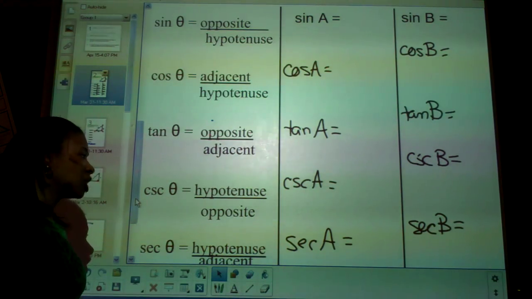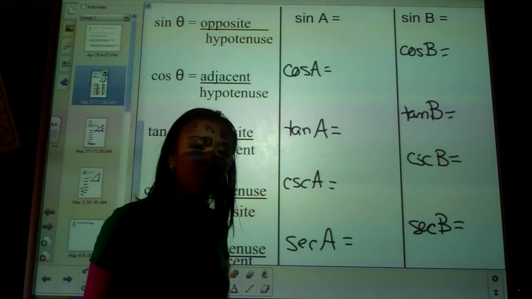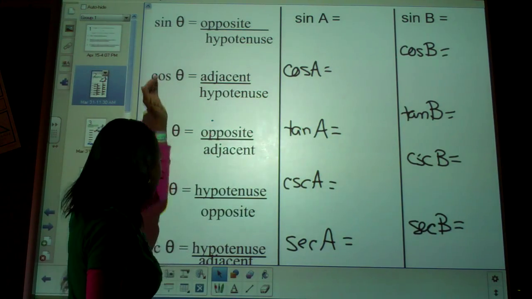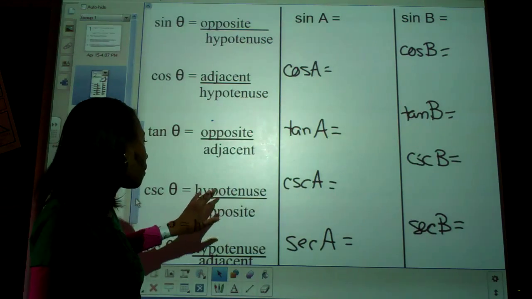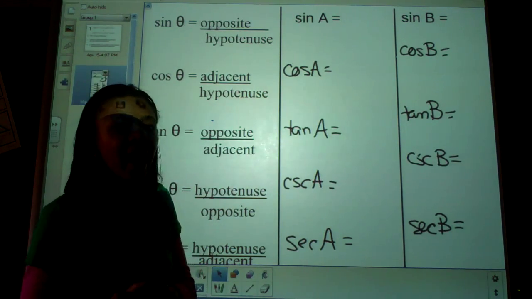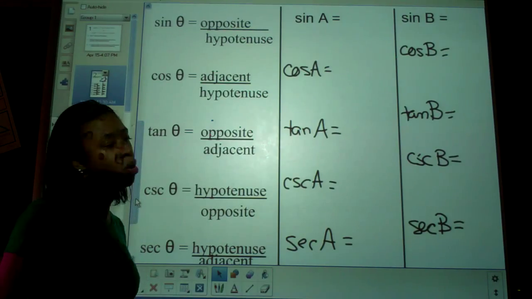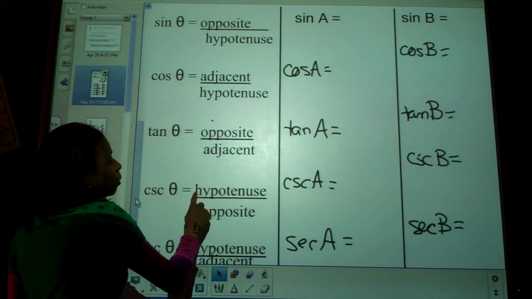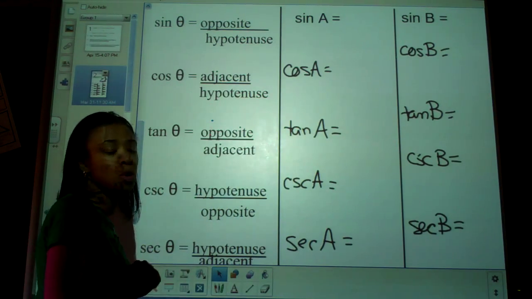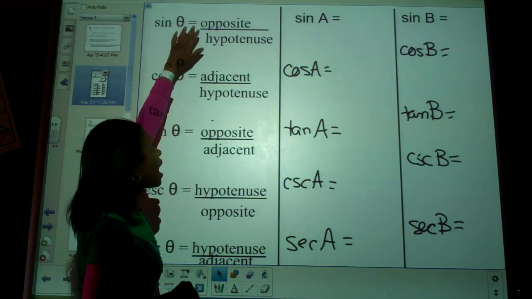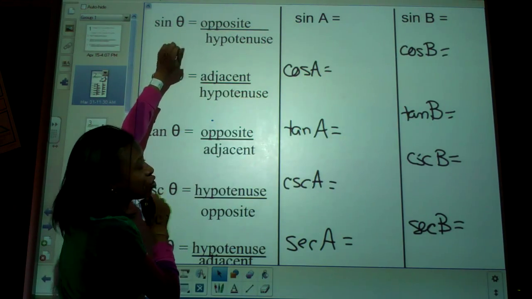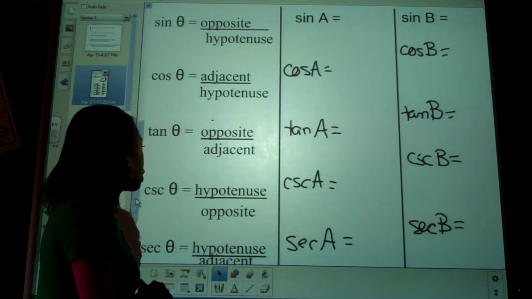Here we have cosecant. Cosecant means compare which two legs? Like the sine, the cosecant compares the hypotenuse and opposite, but in the opposite order. On the cosecant, you compare the hypotenuse over the opposite, whereas with the sine, it was opposite over hypotenuse. So they're just switched, or reciprocals. Okay?